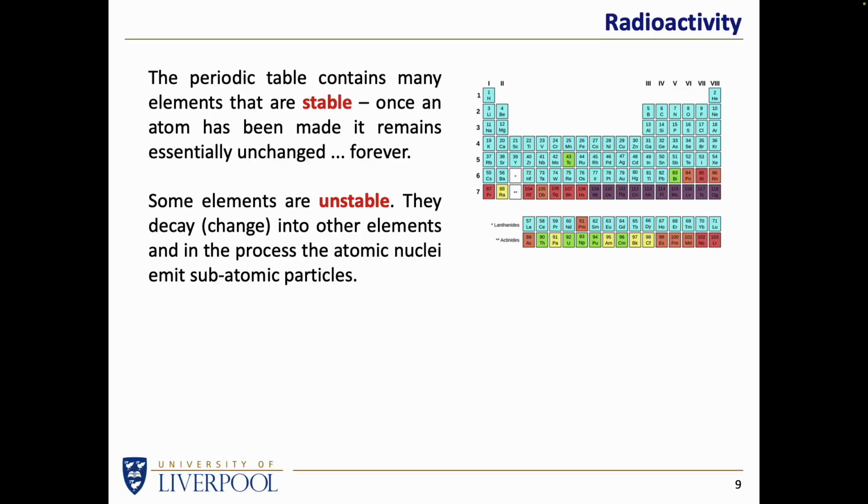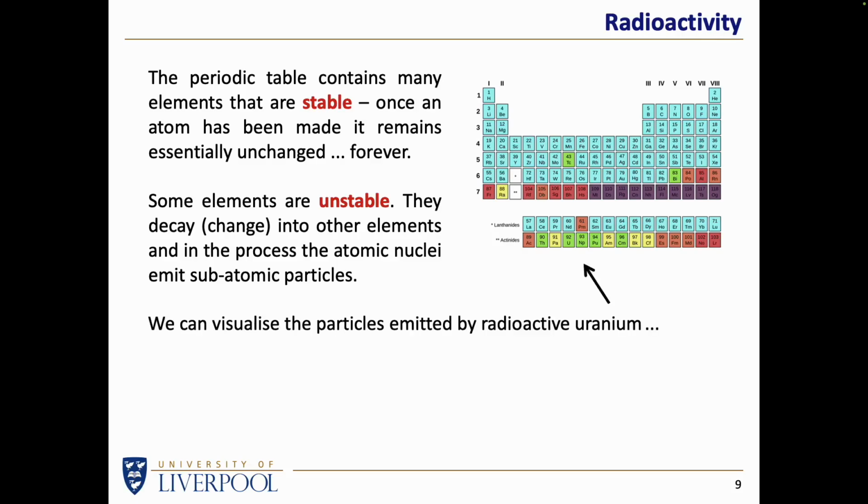They're unstable. They decay. That's the way physicists talk. It doesn't mean they go moldy. It means they change into something else. Some atoms change from one element in the periodic table to a different element in the periodic table. So physicists talk about an atom decaying into other elements. And in the process, the nucleus of the atom will spit out a charged particle, or might spit out a charged particle, and that's contributing to the clicks in the background. So we can visualize what's going on.